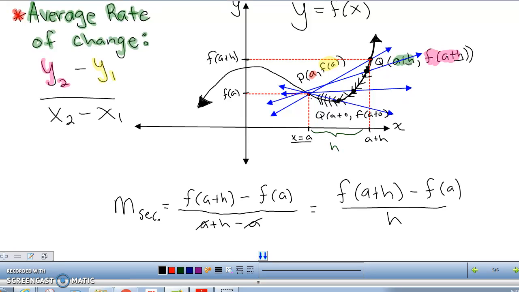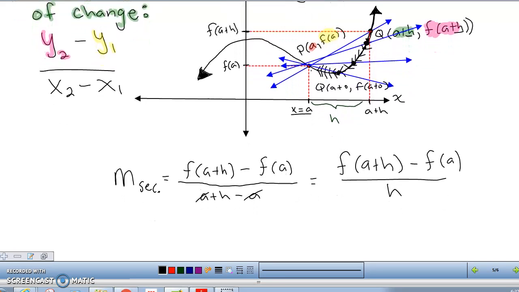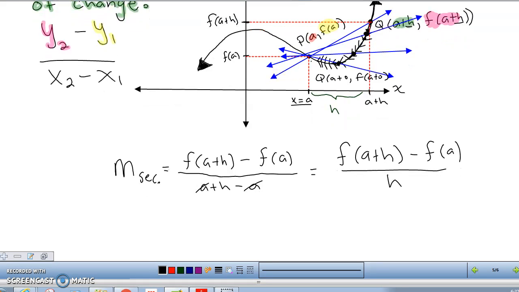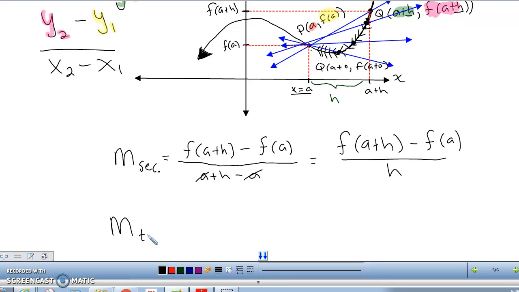Okay? So, in other words, if h is going to 0, if h becomes 0, then this point Q will become point P. So what I'm saying is that the slope of the tangent line is equal to this same thing, f of a plus h minus f of a, over h.